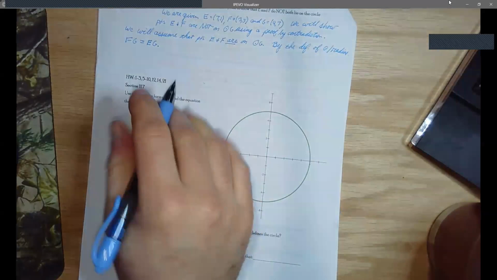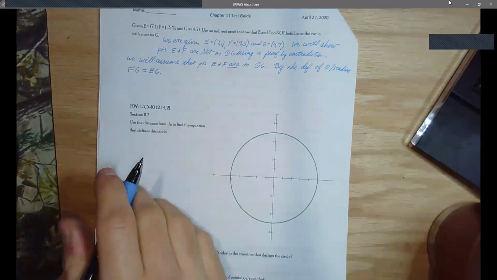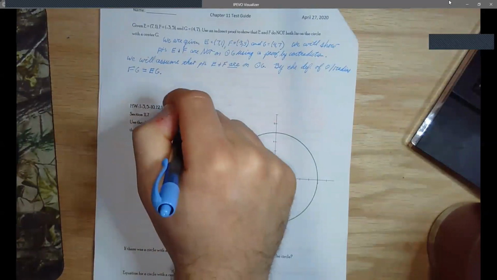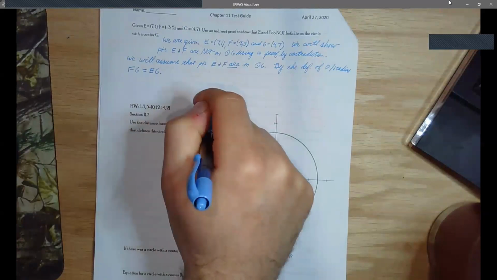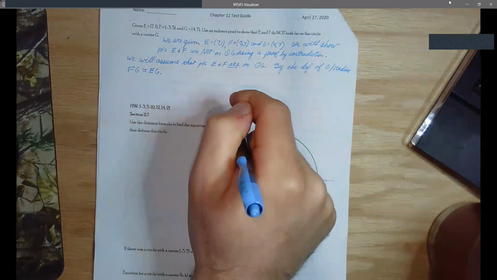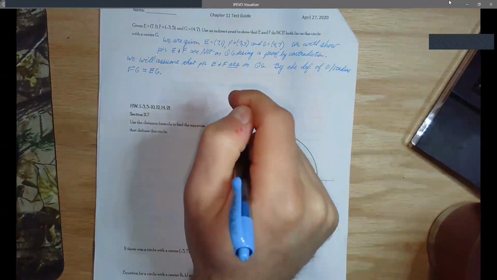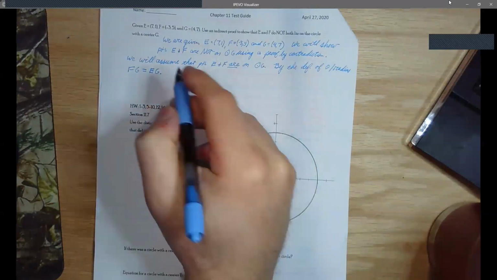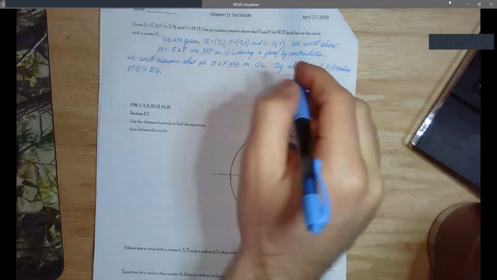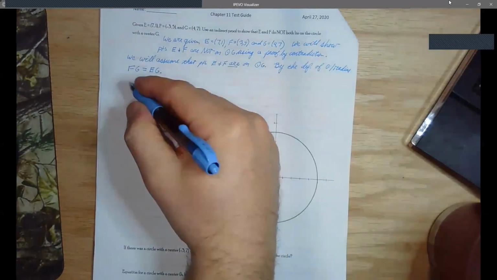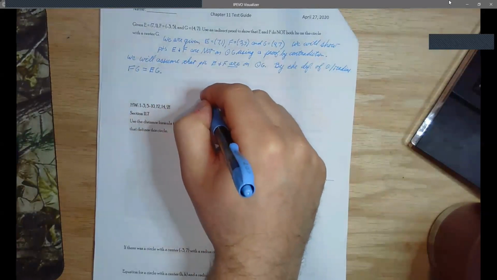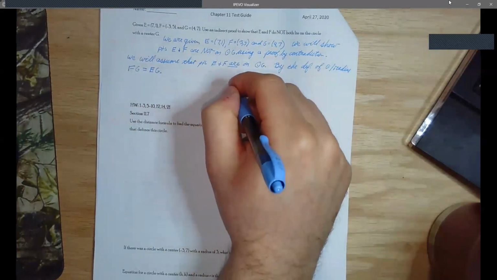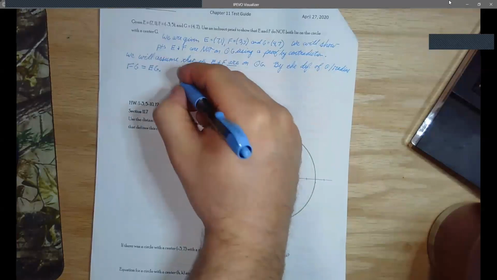If F and E are both on circle G, then the distance from the center of the circle to those points needs to be the same, because they would both be radii of the same circle. So by the definition of circle radius, FG equals EG. So then let's use the distance formula to see if that's actually true.